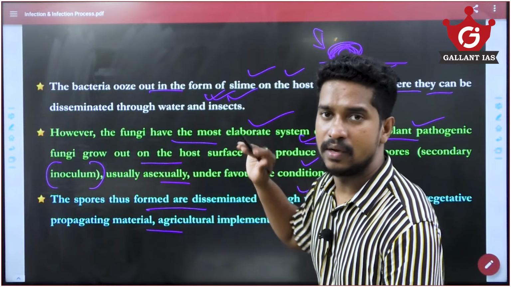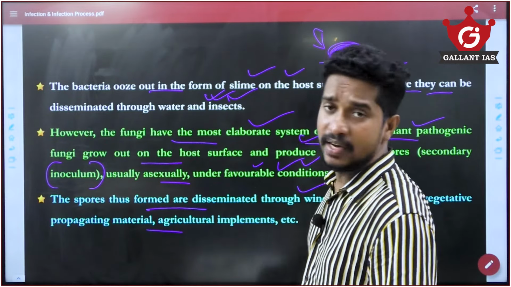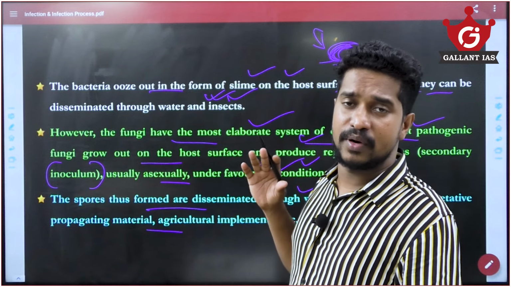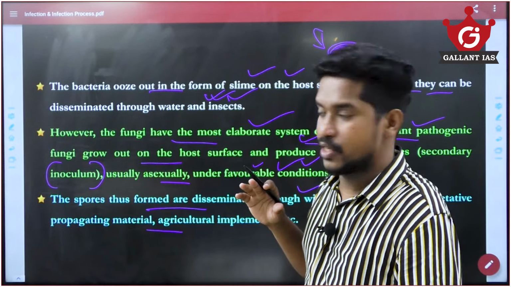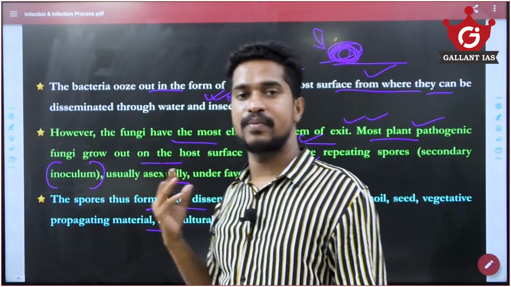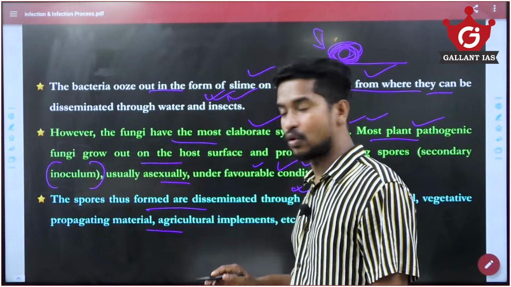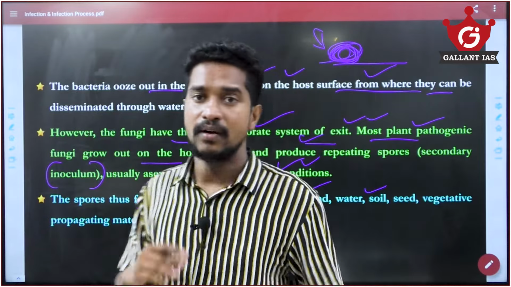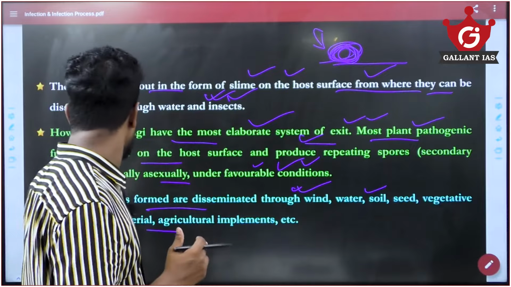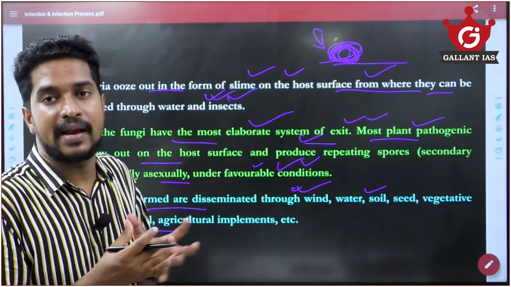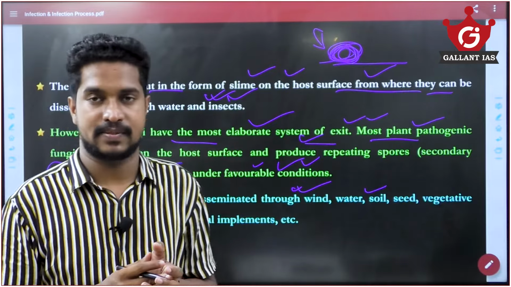Asexual means there is no gametic fusion. These asexual spores are produced under favorable conditions, and are disseminated through wind, water, soil, seed, vegetative propagating material and agriculture implements.